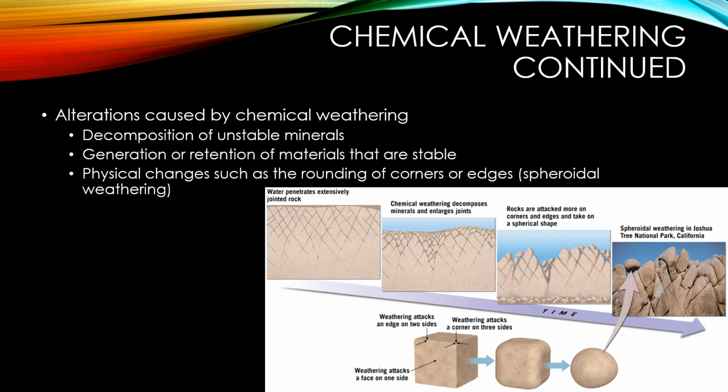In extreme cases, like for example here in the picture on the right in Joshua Tree National Park, you end up with spheroidal weathering, where not only are the edges of the rock rounded from chemical weathering, but you end up with a bunch of rocks that look almost like spheres.